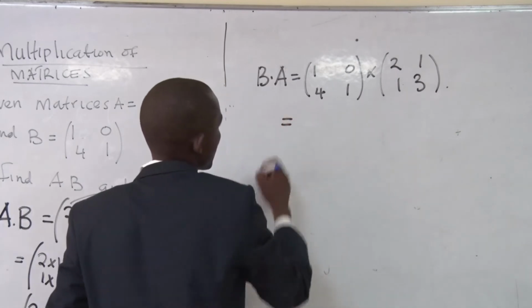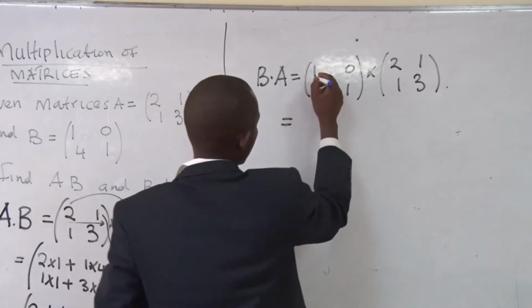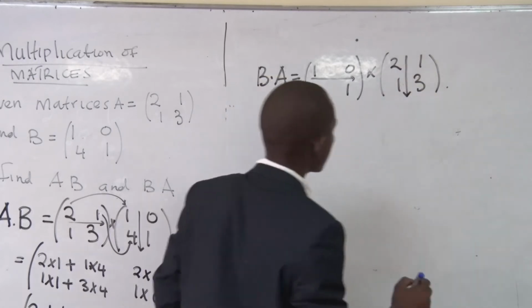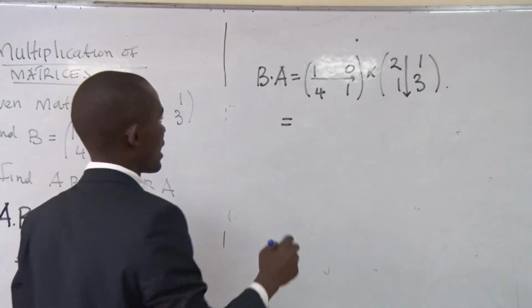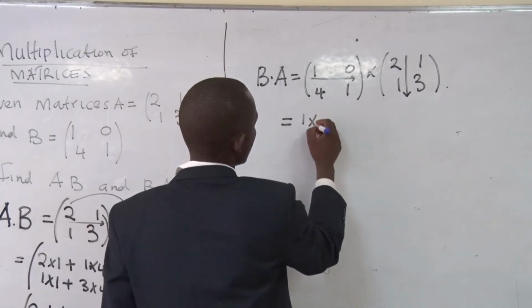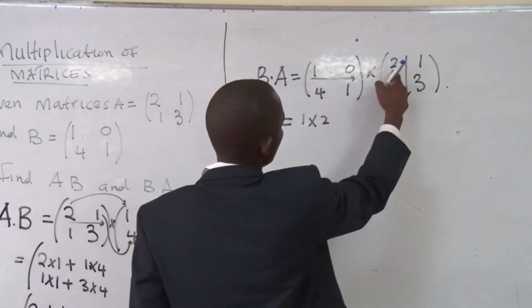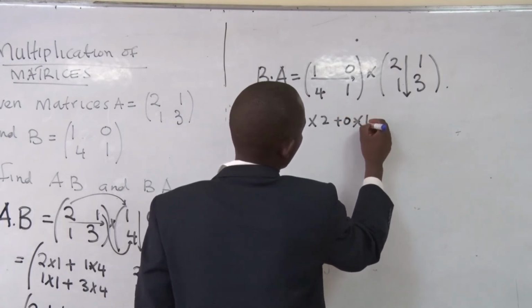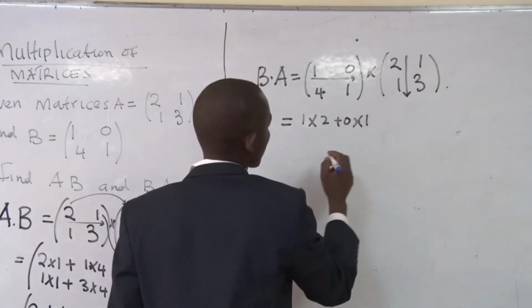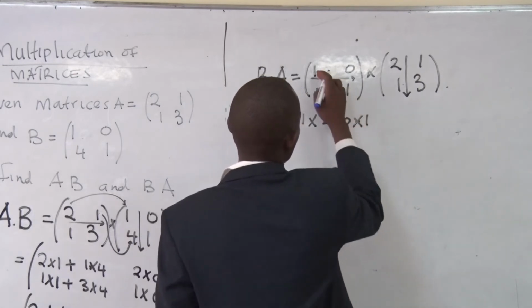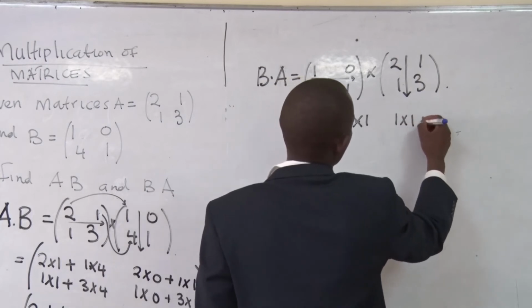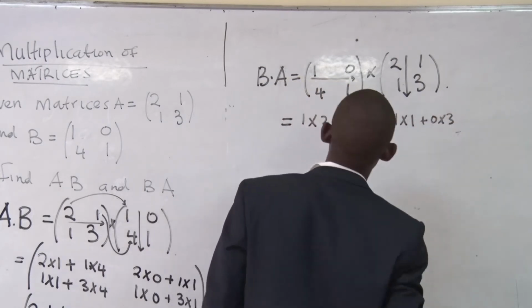This will be the same as, so I will take the first row multiplied by this. So I will have 1 times 2, 0 times 1, plus, I skip some space, I go 1 times 1, then plus 0 times 3.